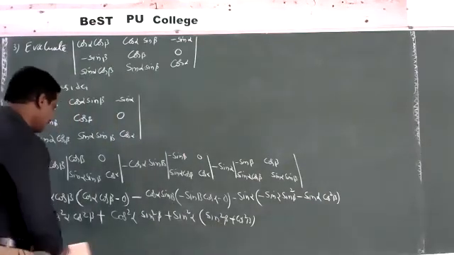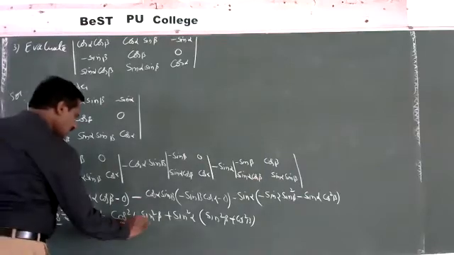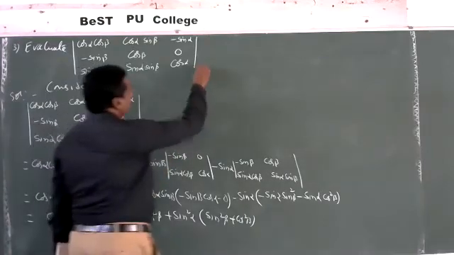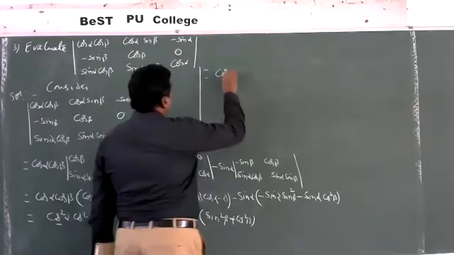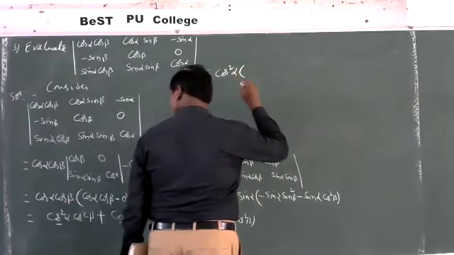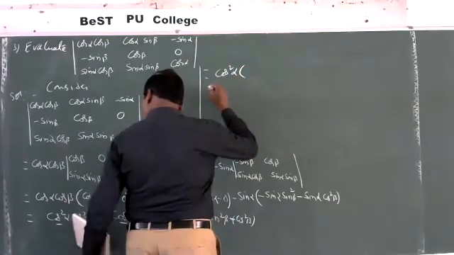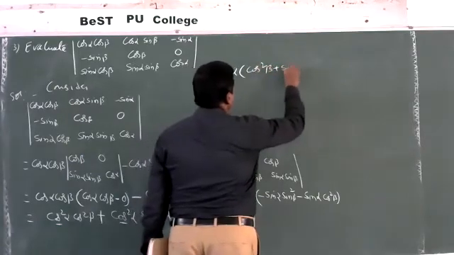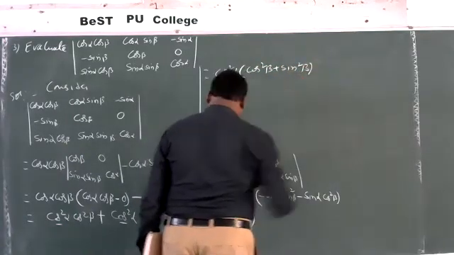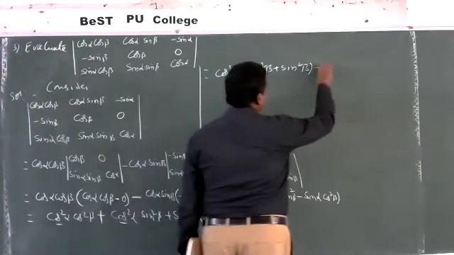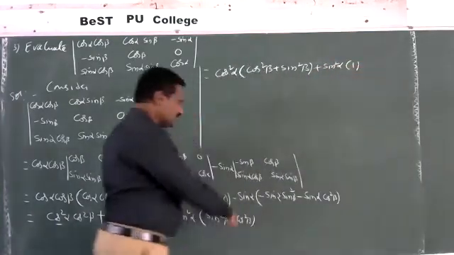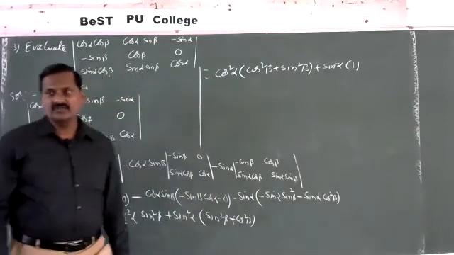Now see that from the first two terms, cos square alpha is common. Taking cos square alpha common, it is cos square beta plus sin square beta. Here plus sin square alpha into 1, because sin square beta plus cos square beta is 1.